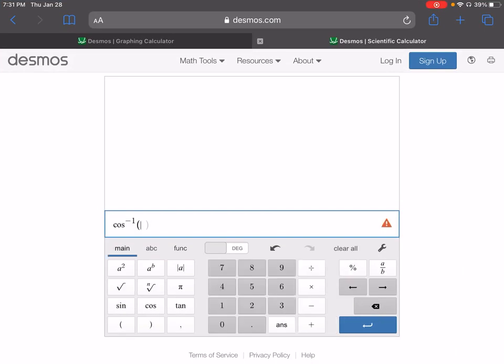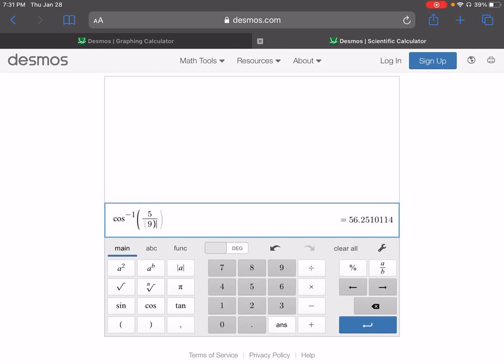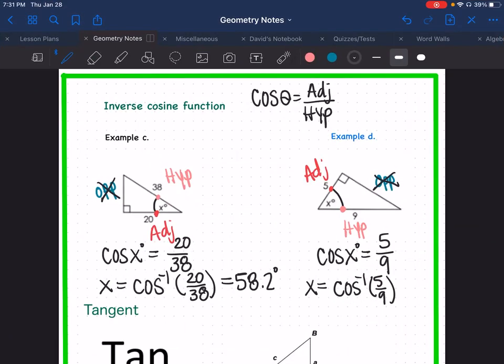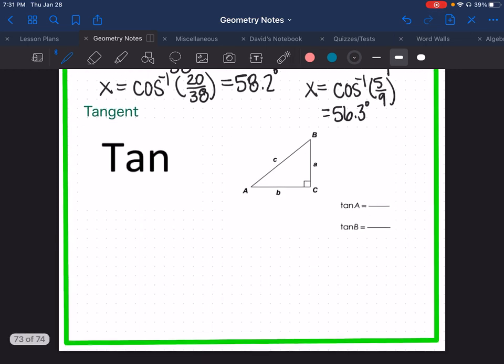Cosine, fraction, 5 divided by 9. 56.25 or 56.3. Ooh, that one was tricky. 56.3 degrees.